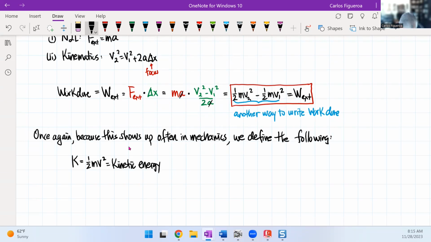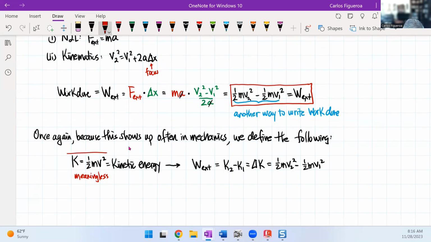But this is not a meaningful thing. This is meaningless. What is meaningful is the work. So the external work is the change in kinetic energy, which of course is 1/2 mv2 squared minus 1/2 mv1 squared.